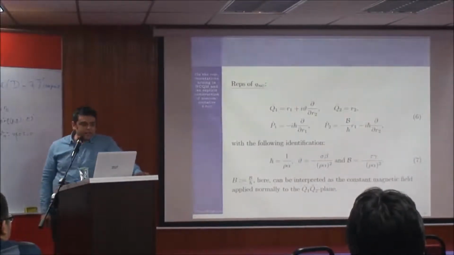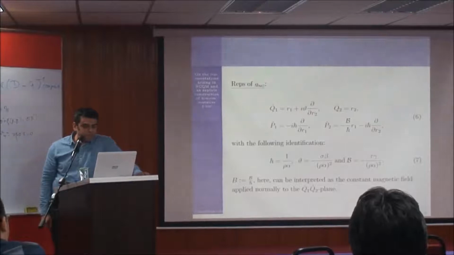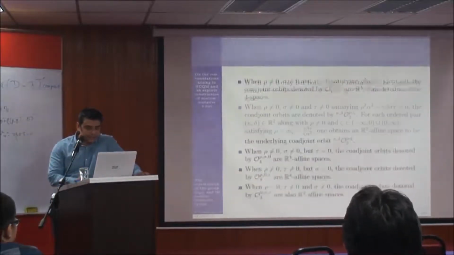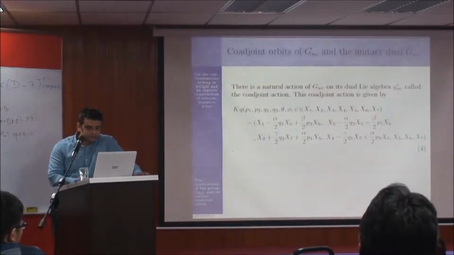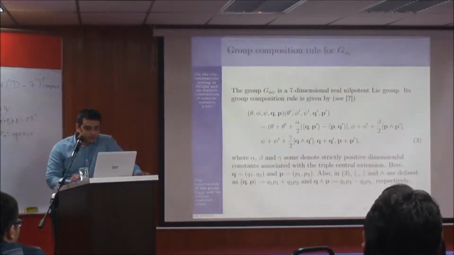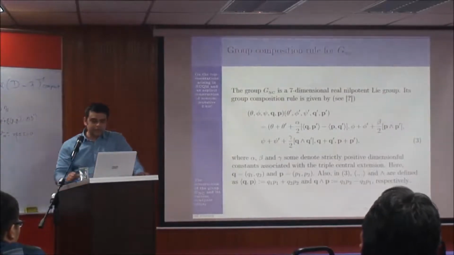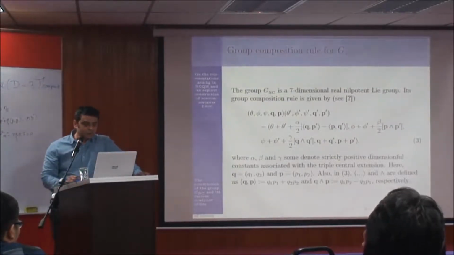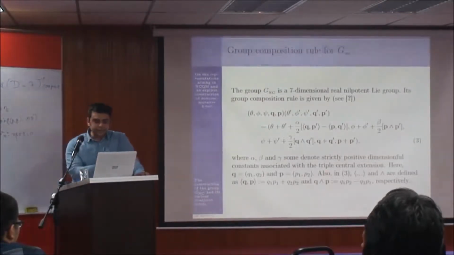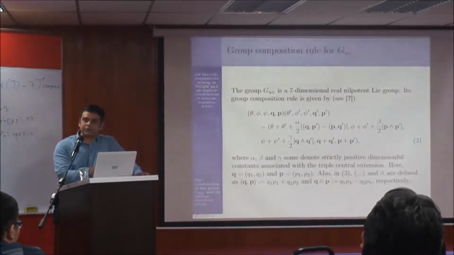And it's interesting to note that if we go back to the first slide where we had the group composition rule, what do you expect the dimension of alpha to be? You see that theta, phi, and psi are all dimensionless parameters. There is no dimension associated with them.